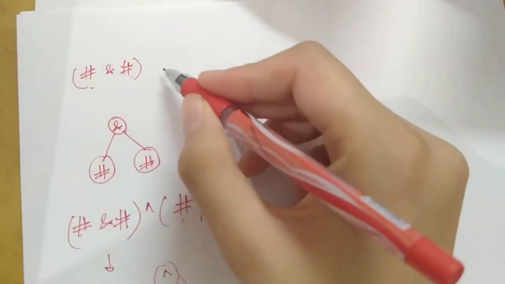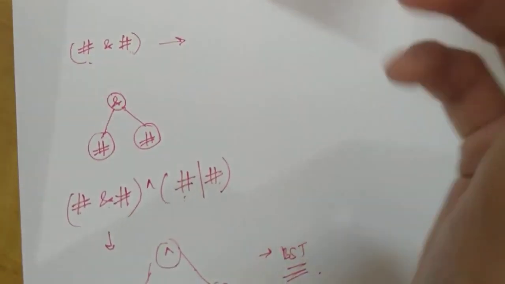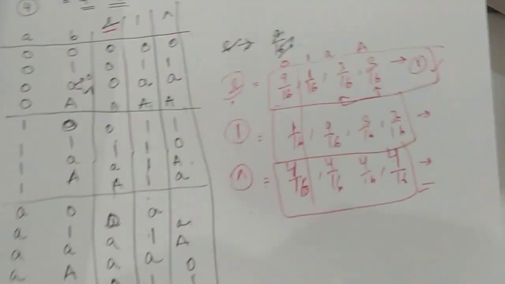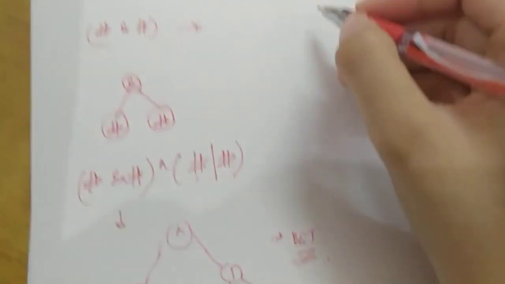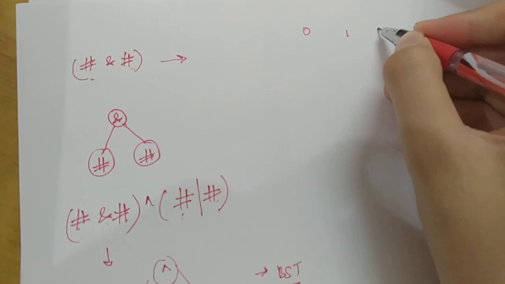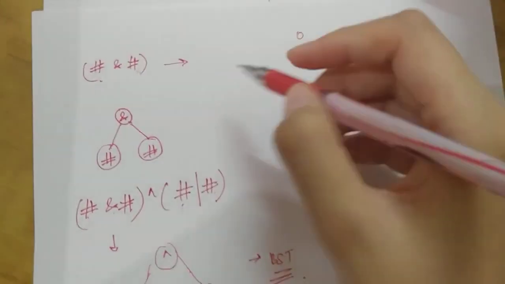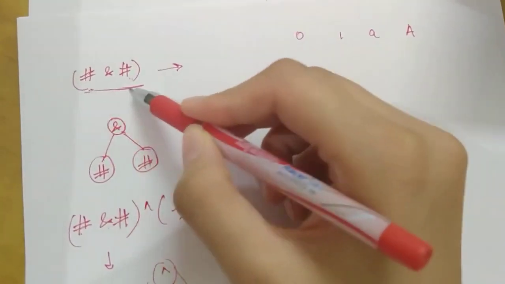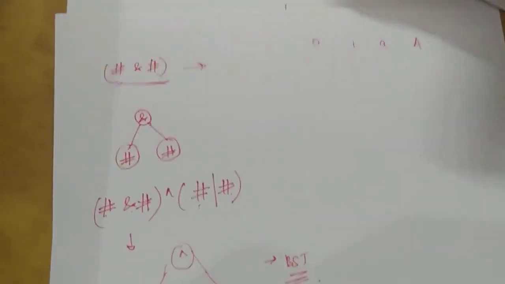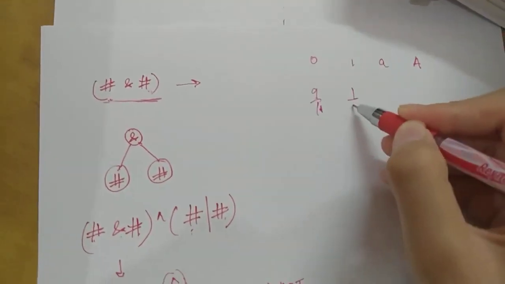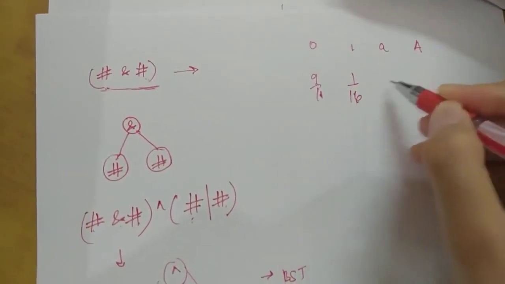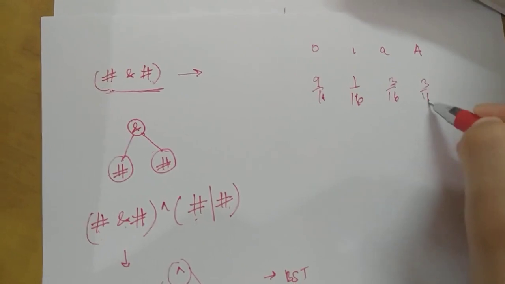Now we know that given an expression like this, how to evaluate it with the help of this. For example, we know the probability of getting 0, 1, a and capital A when we have an expression like this. We found it earlier to be 9 by 16, 1 by 16, 3 by 16 and 3 by 16.